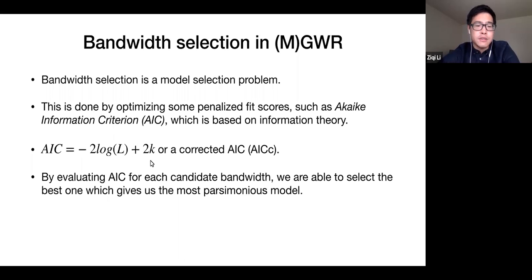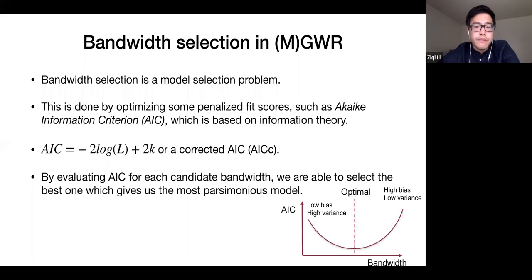So it balances the fit while penalizing the use of too many parameters. Alternatively, the corrected version, AICc, or the Bayesian information criterion can also be used. By evaluating AIC for each candidate bandwidth, we're able to select the best one, which gives us the most parsimonious model, and that's our goal.